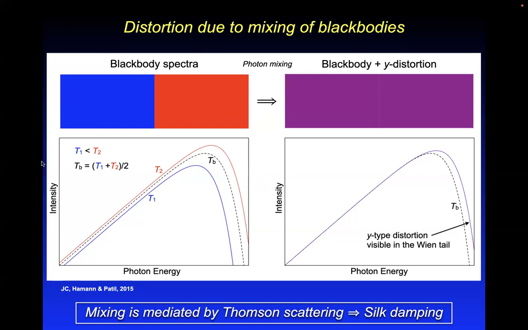And if you now take this box and you shake it to make one uniform distribution, so you have here your spatially uniform distribution, but because you're just shaking it and mixing the photons, which is, by the way, done by Thomson scattering, which leads to the Silk damping, you're not changing the real energy distribution. So it's like taking the sum of two black body spectra with different temperatures.